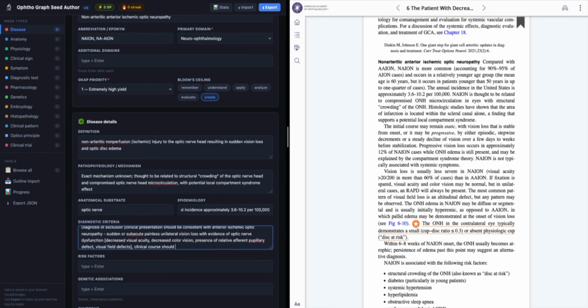Clinical course should be consistent. That's going to be resolution of disc edema within 6 to 8 weeks, with no further regression of vision loss beyond the extent of optic disc edema.